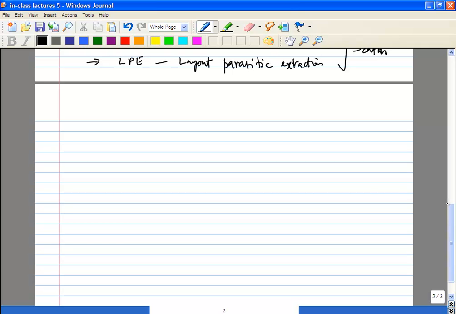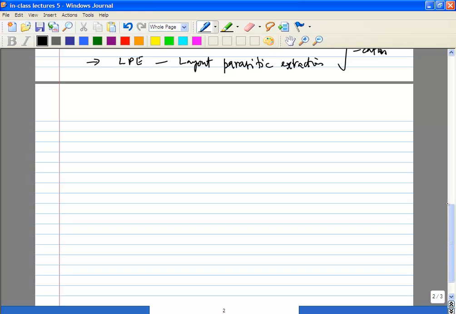In the schematic, if you connect one node to the other, it is an ideal connection. It's an ideal wire, can carry as much current, it has zero resistance, zero parasitic capacitance, and so on. But in real life, we know that's not true. If you have a metal line, it is going to have a certain resistance, capacitance, and so on. So layout parasitic extraction extracts parasitics from your layout.